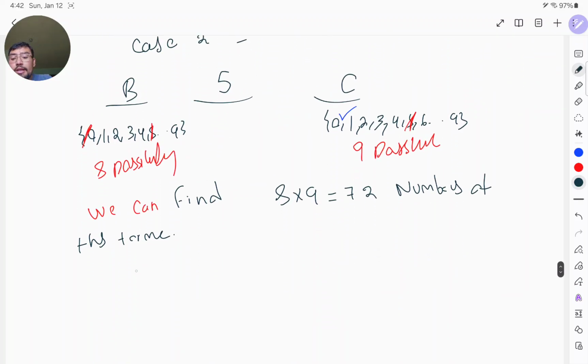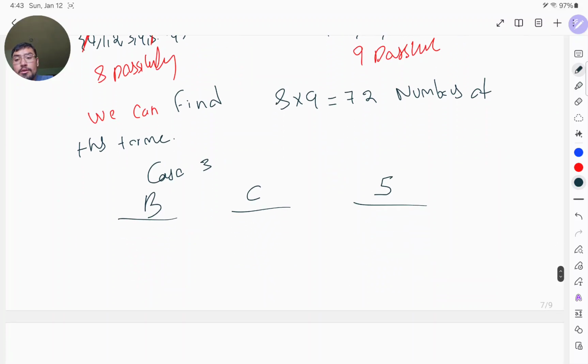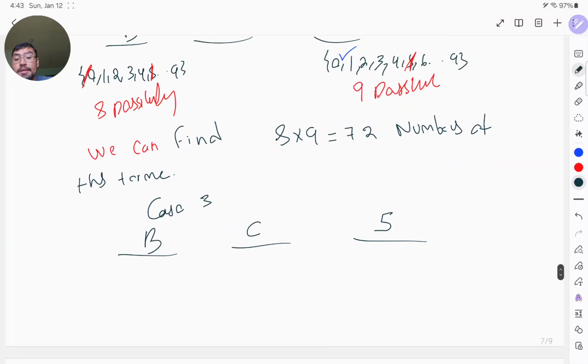Now let's move on to case 3. In case 3, the 5 is in the last position and b and c are arbitrary. As above, b cannot be 0 because it could lead to an invalid number, so b has 8 possibilities, and of course c can also be 0.